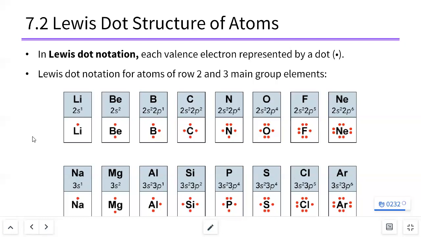But we can actually be a little bit more sneaky than having to write out the electron configuration each time. I don't need to do that, and the reason is because these configurations are periodic.